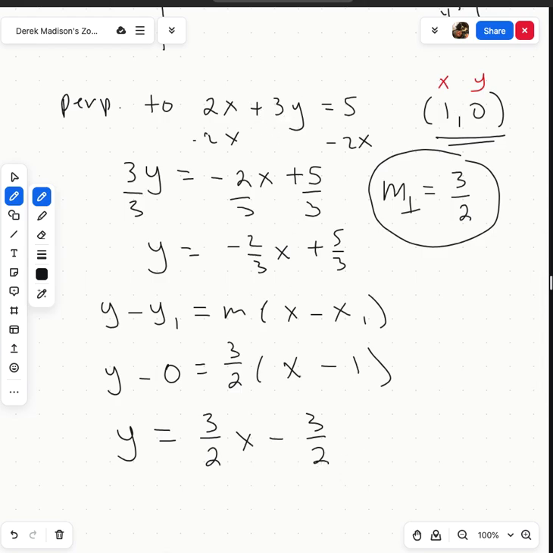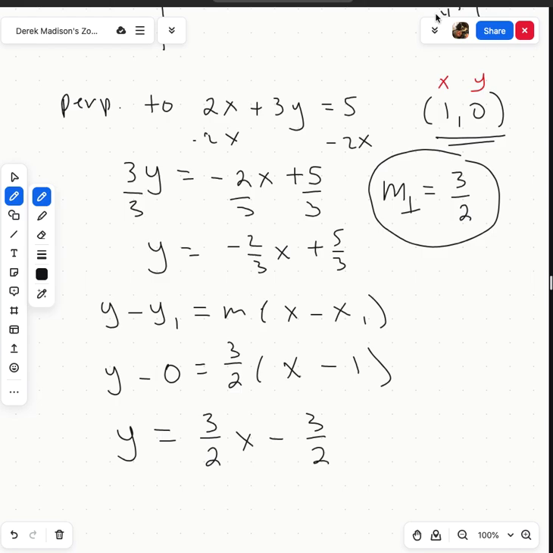I'm going to pop over here real quick and just show you that that worked. I'm going to grab Desmos because it draws a much nicer graph than I do. And my computer's being slow.